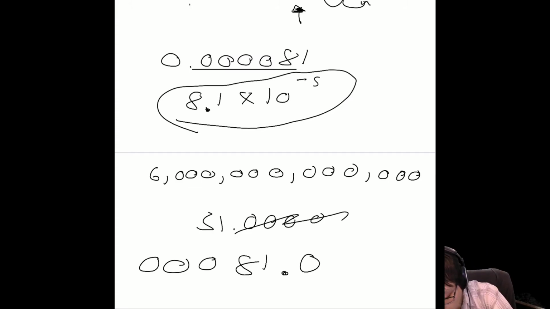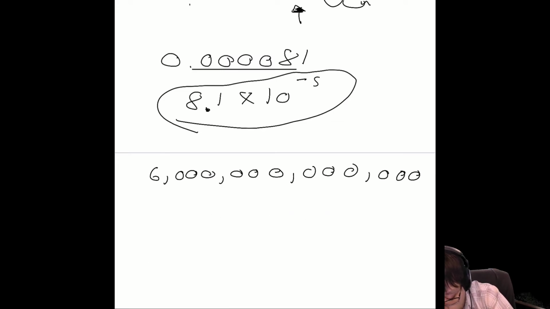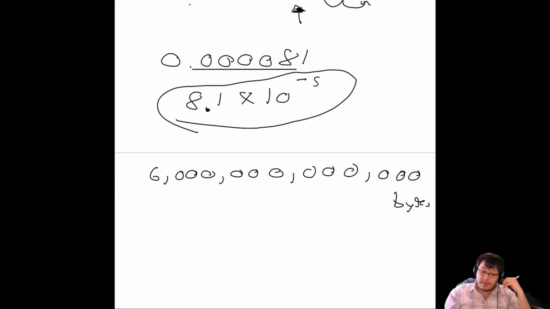However, what you cannot get rid of is, for example, the zeros here, which is the number of bytes in a terabyte, or 6 terabytes actually, because I have a 6 there. You can't get rid of the trailing zeros because they're actually significant digits.